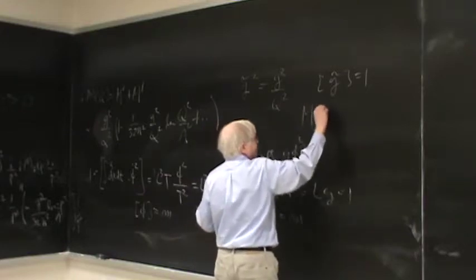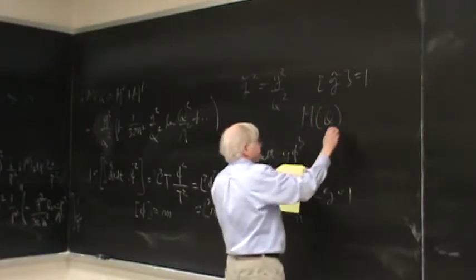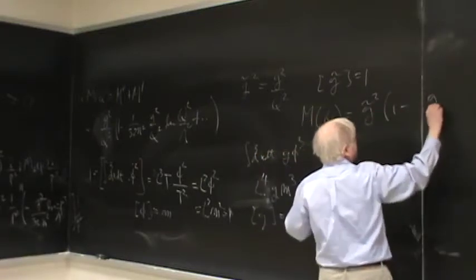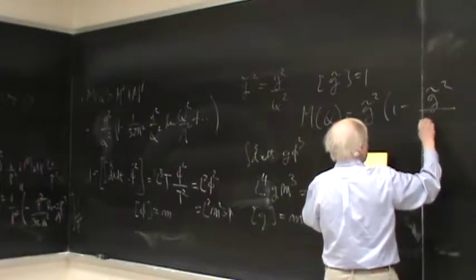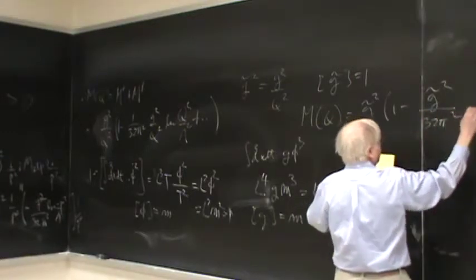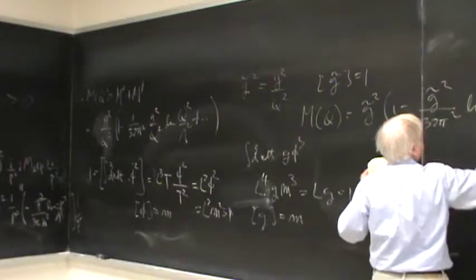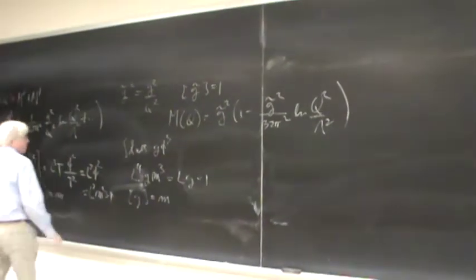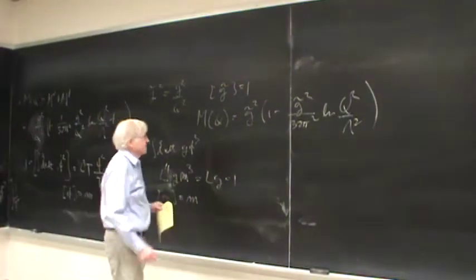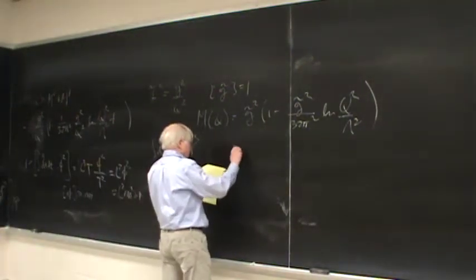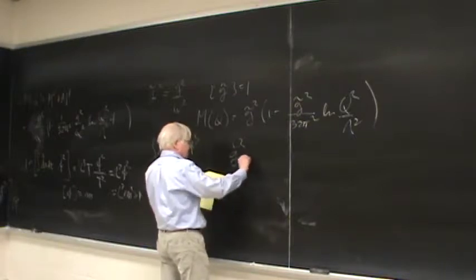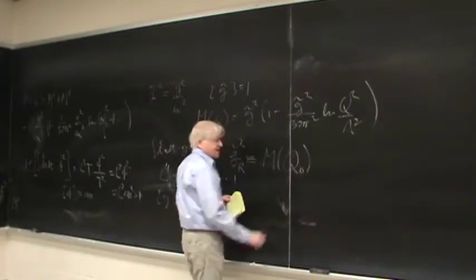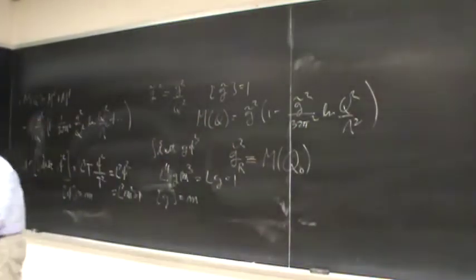And so now this M of Q is G tilde squared times 1 minus G tilde squared over 32 pi squared log Q squared over lambda squared. Now, of course, what we're going to do is we're going to say G tilde squared renormalized will be defined as M, the actual M at some energy scale Q0.